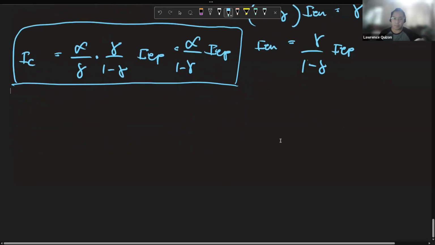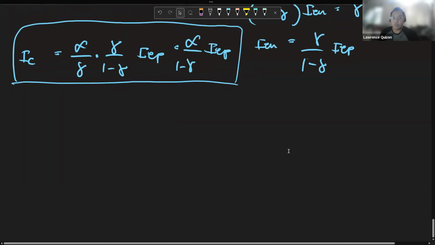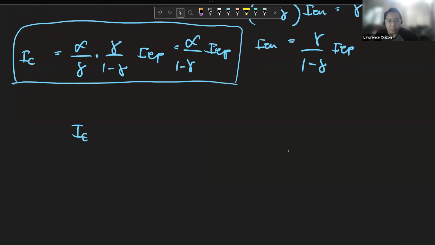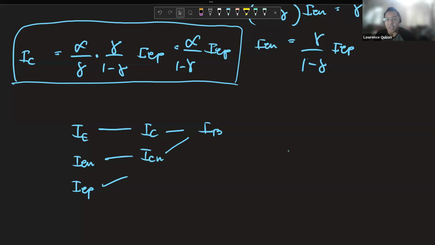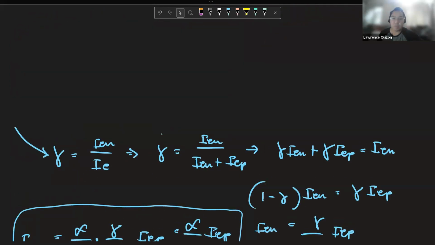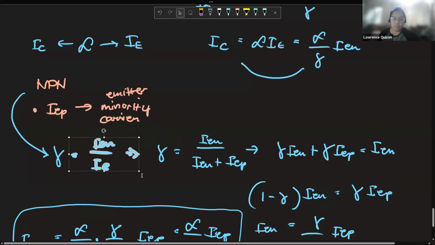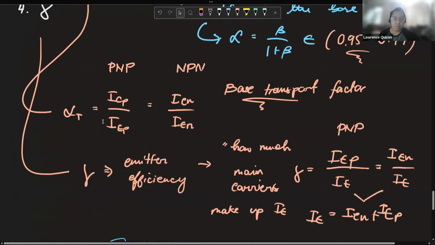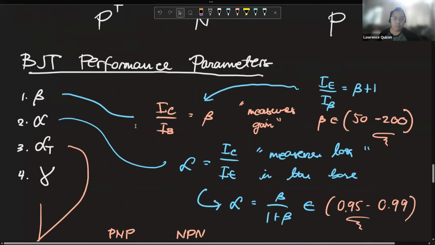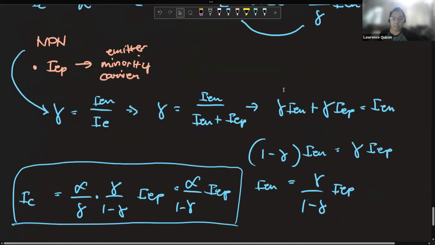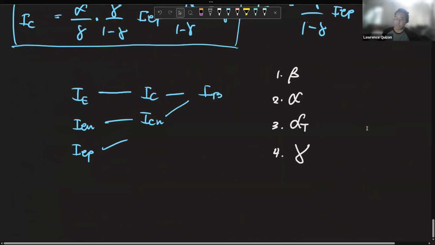Kasi if we were to connect all of those variables, so IE, IEN, IEP, IC, ICN, tapos ID, these things are all obtainable from each other given the performance parameters. Given these four performance parameters, you can always relate these things to each other. All right?